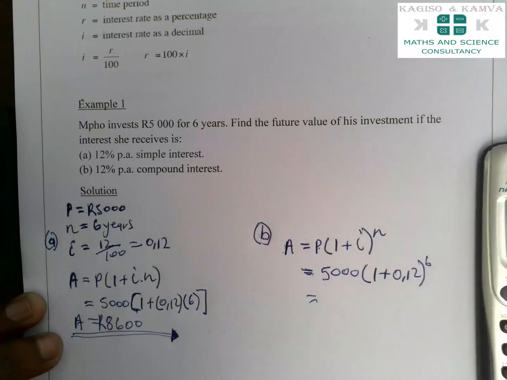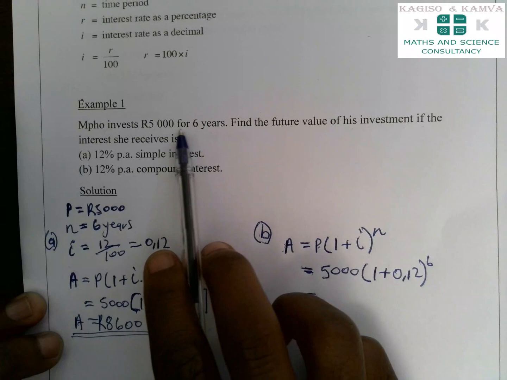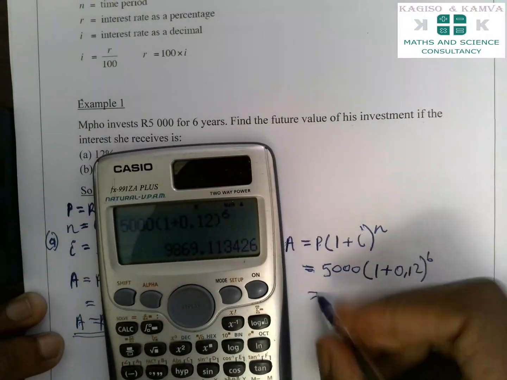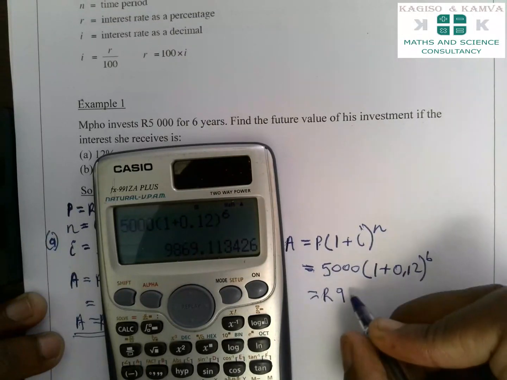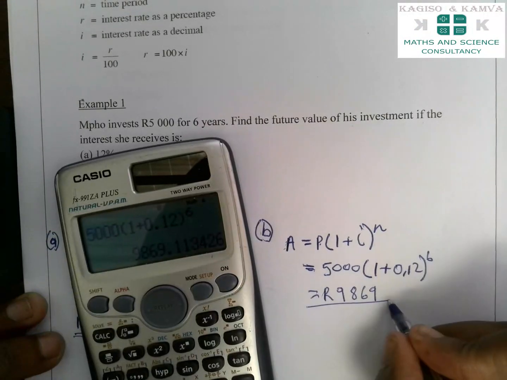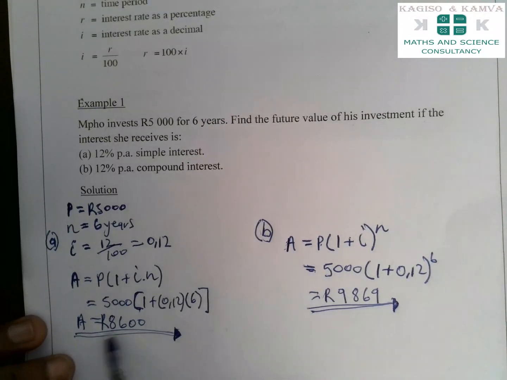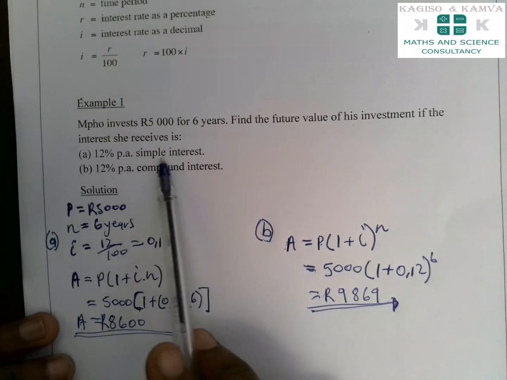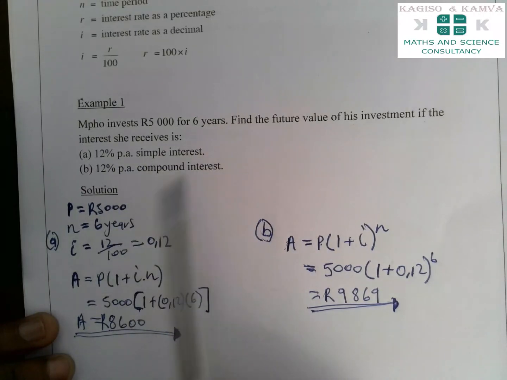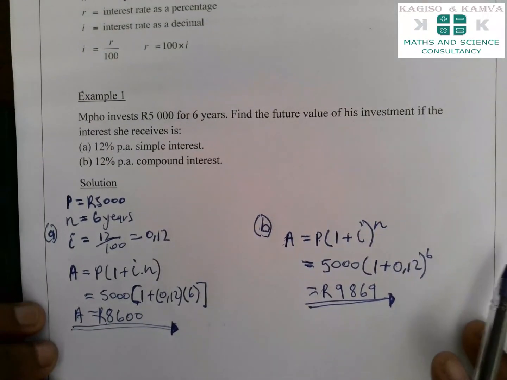Since it's compound interest, Mpo is now going to get 9,869 rands, which is a bit more than the accumulated amount when it is invested in simple interest. So the better option is the compound interest.